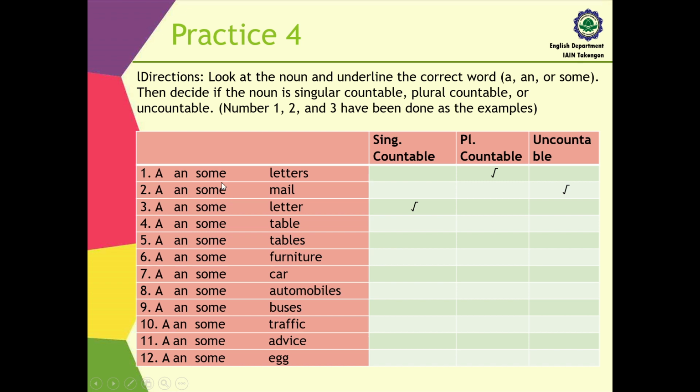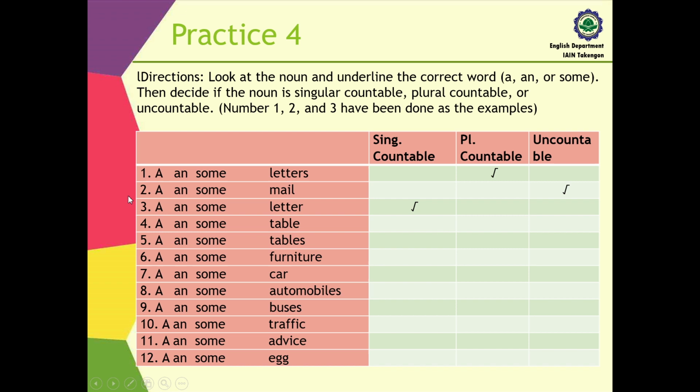We know that some can be used in front of countable nouns and also in front of uncountable nouns. So the appropriate answer here is some mail. Countable is not possible, and the answer is uncountable, so we put a check under uncountable.